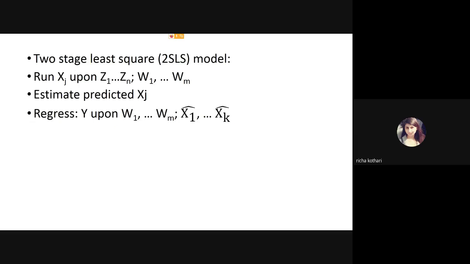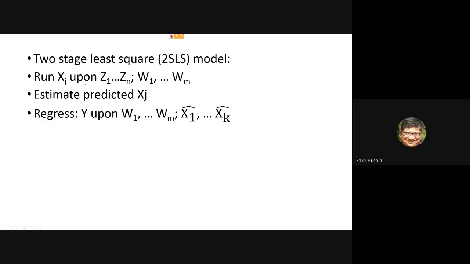So we run a two-stage least squares model. We regress xj upon all the instruments. That means x1 is regressed upon z1, all the instruments, and all the w's also. X2 is regressed upon all the z's, all the instruments, and all the exogenous regressors.